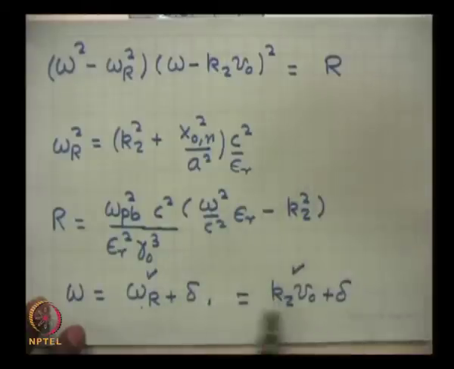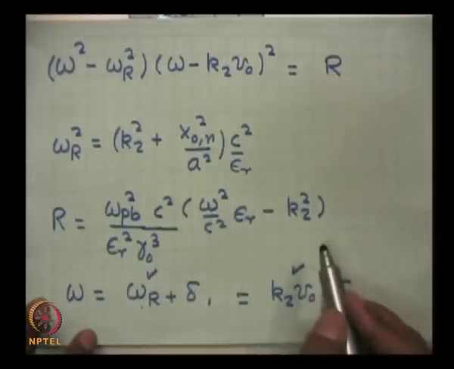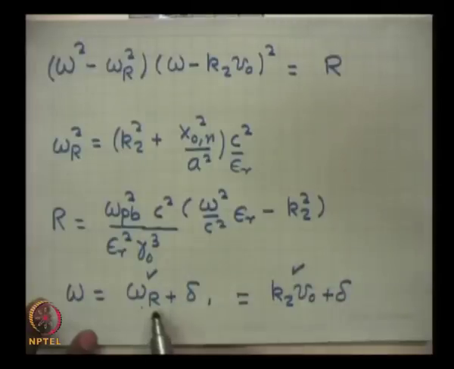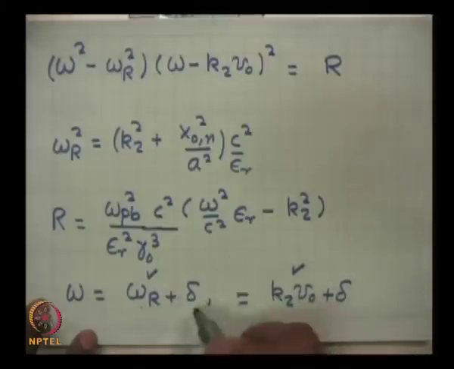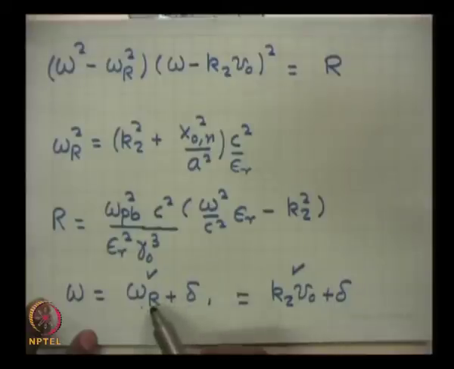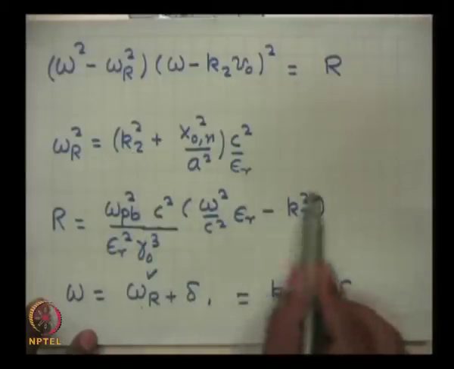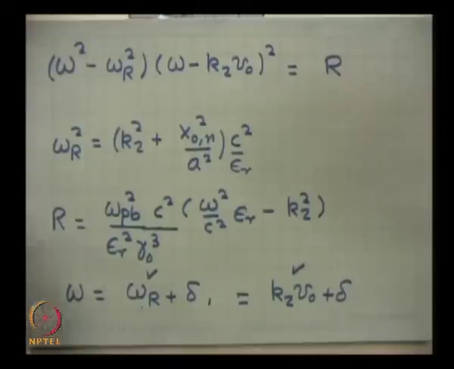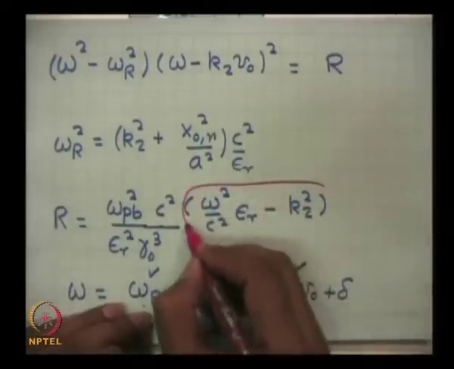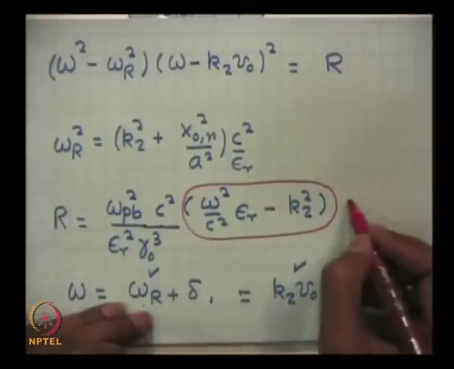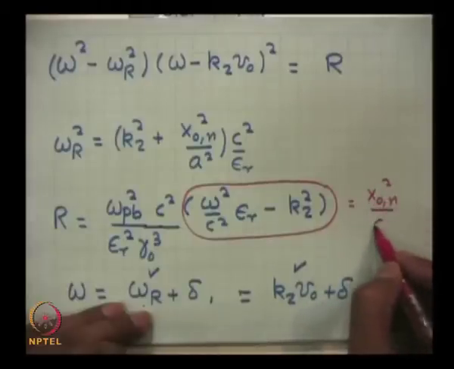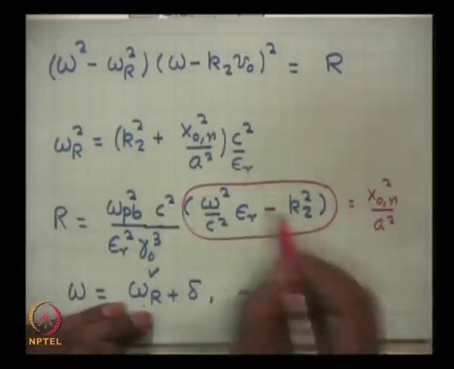How about the right hand side? In the right hand side I will put the value of omega equal to simply omega r, forget the delta term here, then this factor becomes quite simple. If you just put the value of omega r from here, this whole factor simplifies to x0 n square by a square, simple, just substitute it.